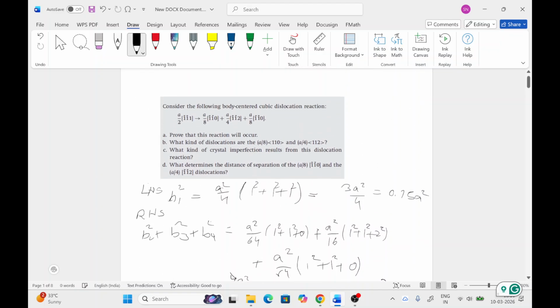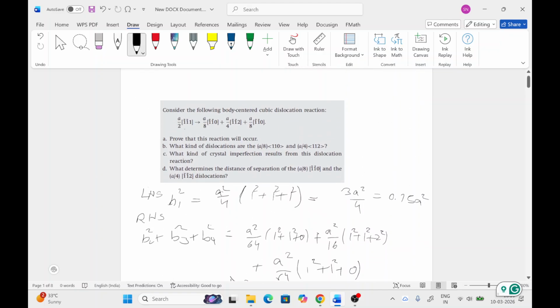If we check here, this dislocation is full, and when it dissociates into small Burgers vectors, those are called partials of the dislocation. So these three are the partials of this full dislocation. That's why we call them partial dislocations.